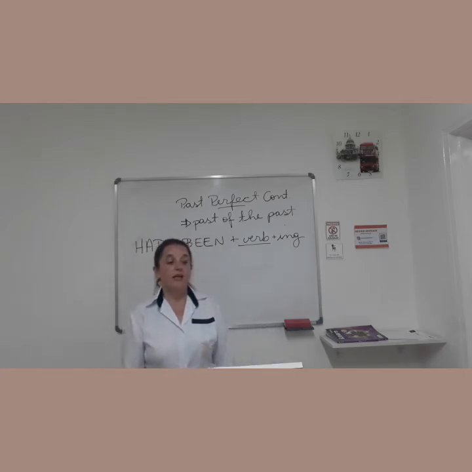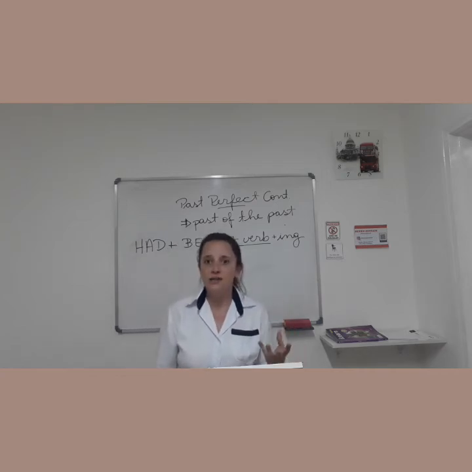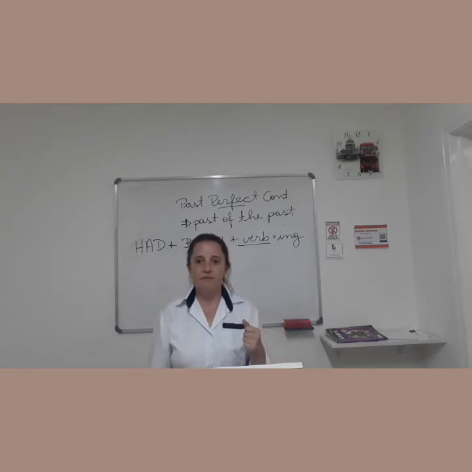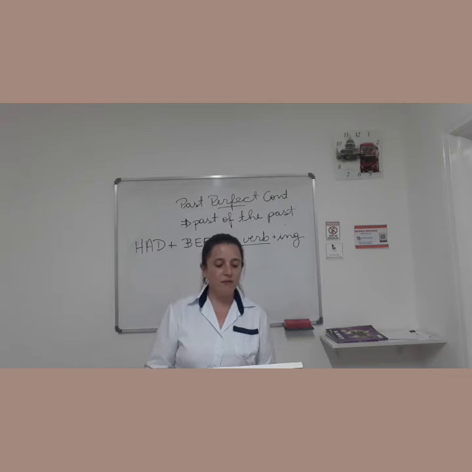Number 2, to show the cause of something in the past. Okay? So, using the past perfect continuous before another action in the past is a good way to show cause and effect. Examples. Jason was tired because he had been jogging.